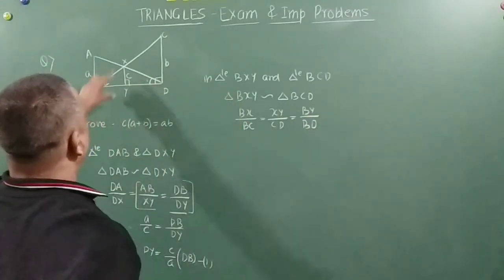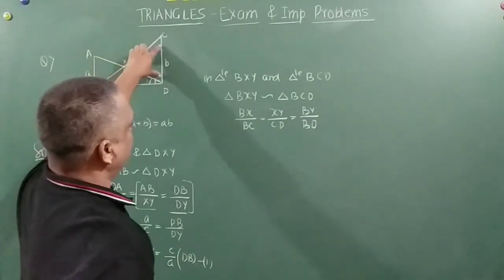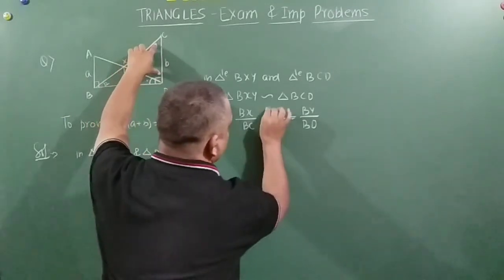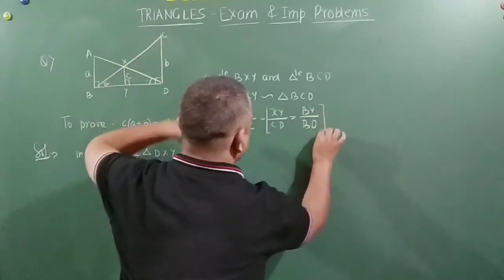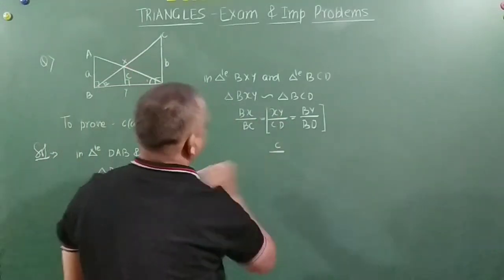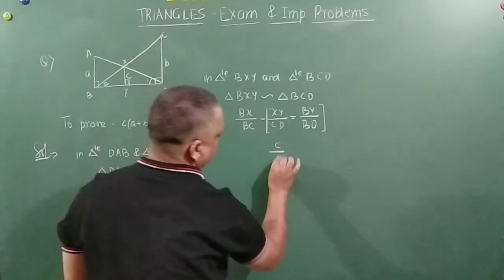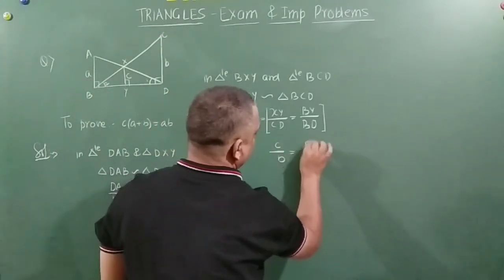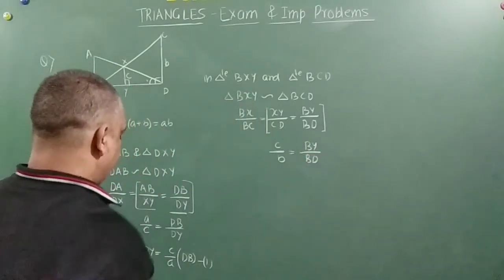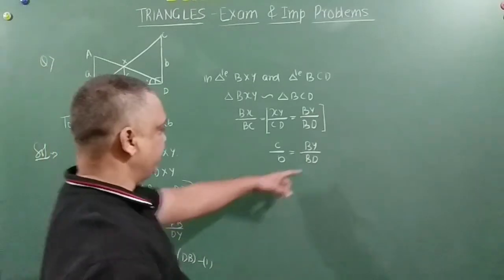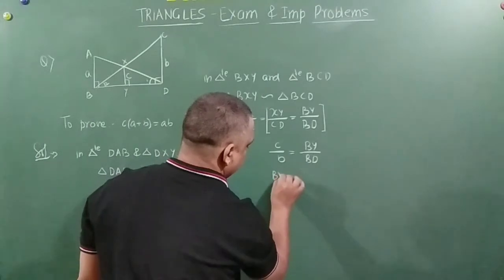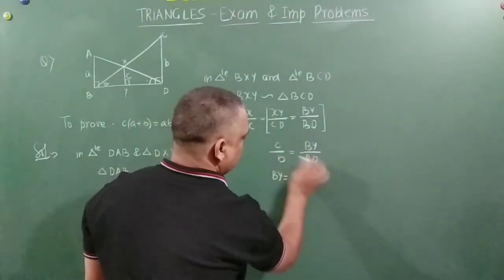Right? So we know the value of XY and we know the value of BC, XY, CD. So we will consider this one and we will consider this one. So considering these two, XY is how much? That is equal to C. CD is how much? That is equal to B. Is equal to BY divided by BD. Right friends? So from here also we can find the value of BY. Correct, no? So how much will it be? BY is equal to this into this.